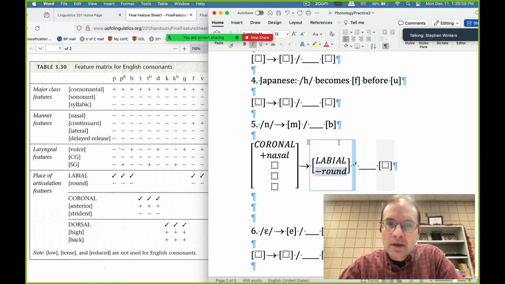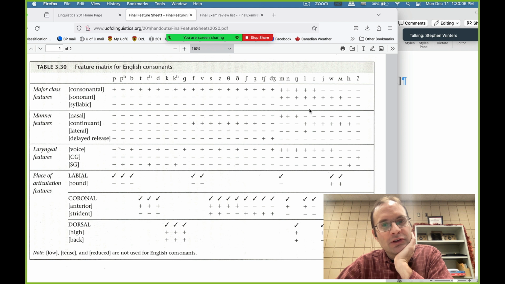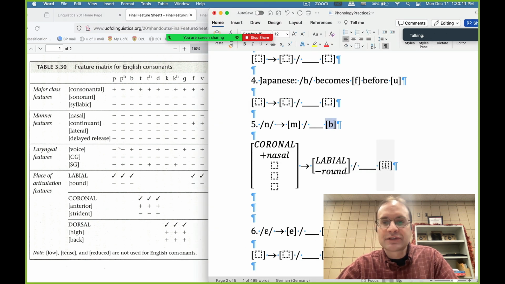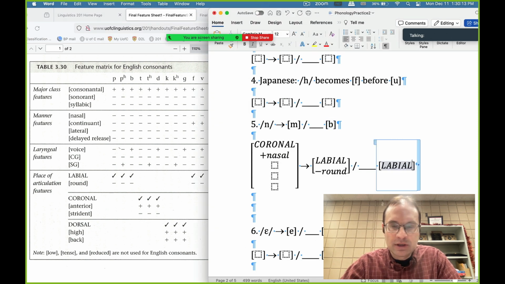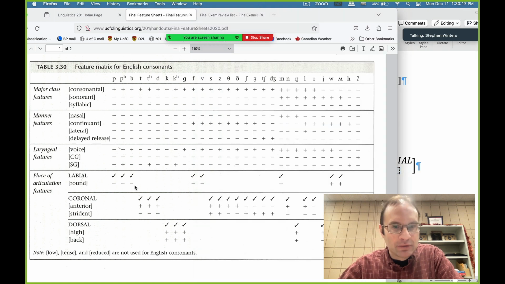That's an M. What's a B? That's the last thing we have to specify here. So B is over here. A bilabial? Yeah, a bilabial B. So it's labial to begin with. And now we're dealing with just labial things. So this set of three, these two guys, and then these three over here.